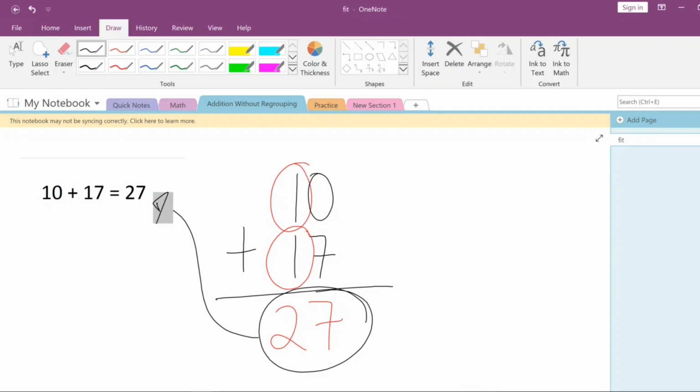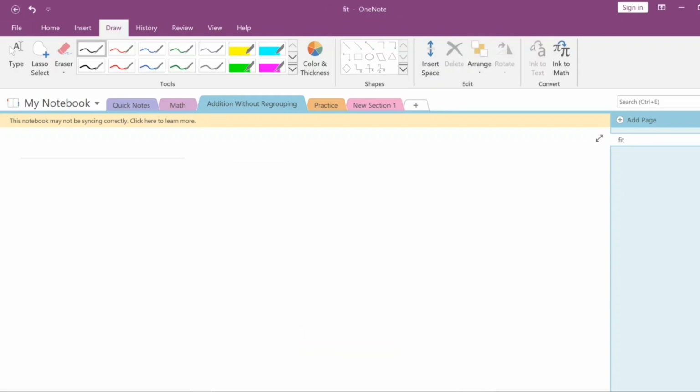Another example. 13 plus 26 equals 39. So first, we've got to write 13. And then we have to write 6 down below 3 because it's ones. And we've got to write 2 below 1 because it's tens.